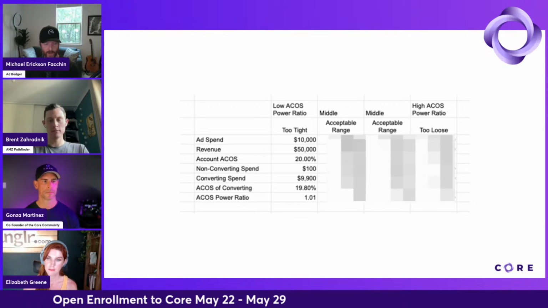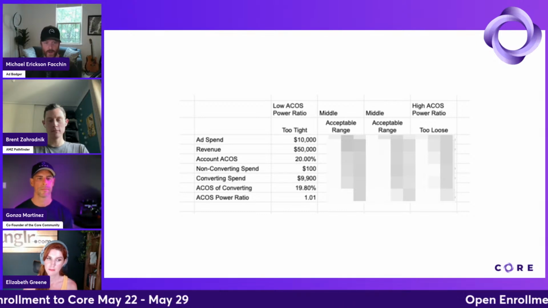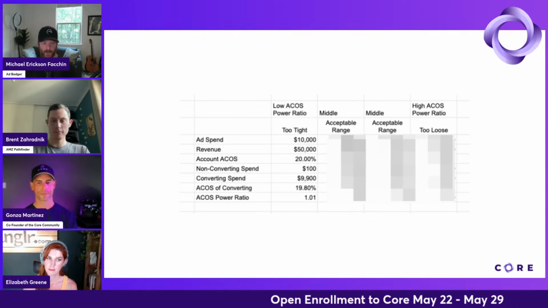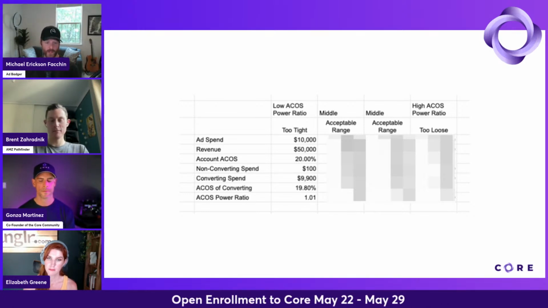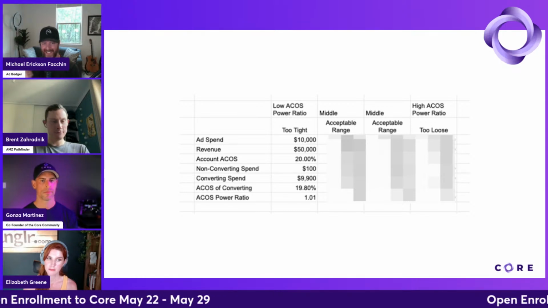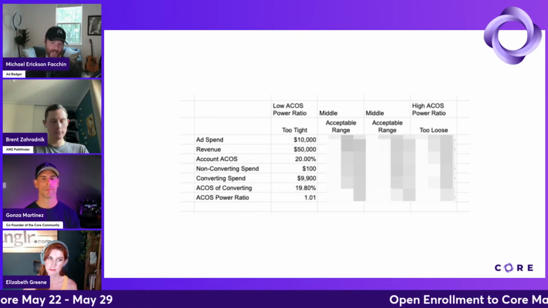Only $100 went towards things that did not convert. So the ACOS of your converting spend is like 19.8, and 19.8 over 20% is 1.01. So you end up with a very, very low ACOS ratio, essentially one where you wasted no money.